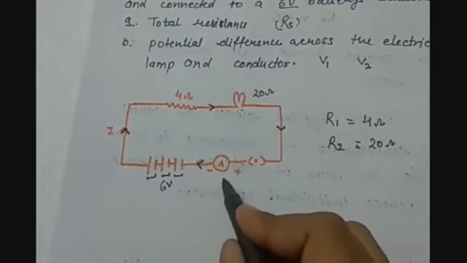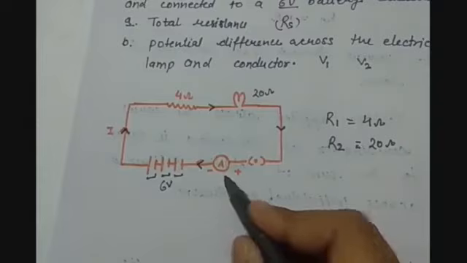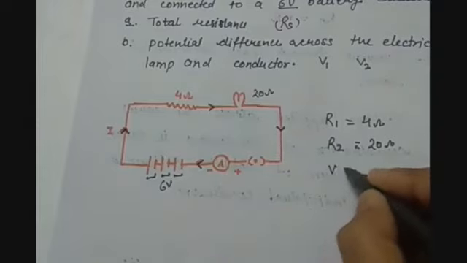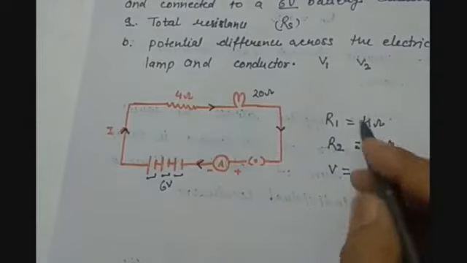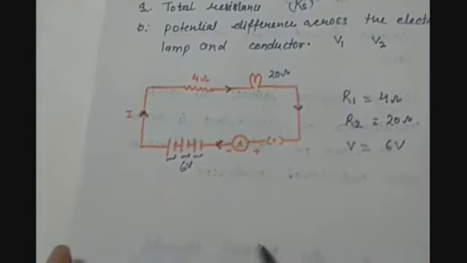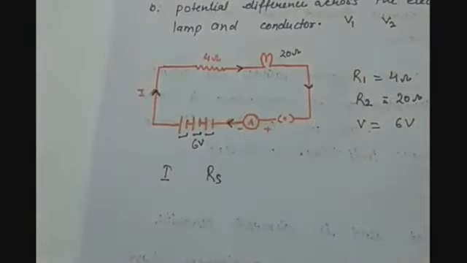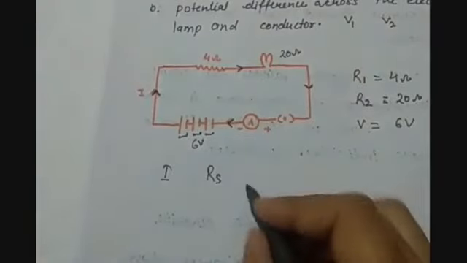Here we have one ammeter, which will show the current. So V is 6 volts. We have R1, R2 and V. And the first case is that we have to find RS. And we know the formula for how to find RS.